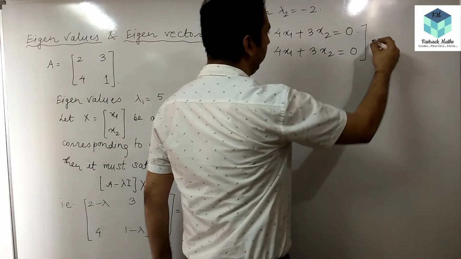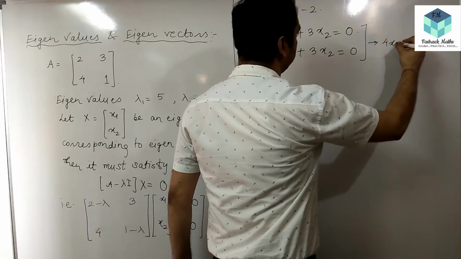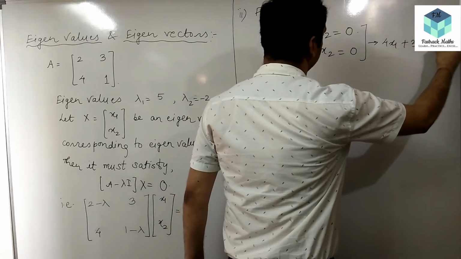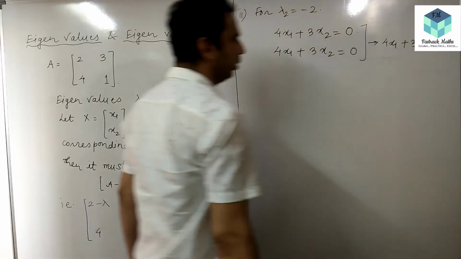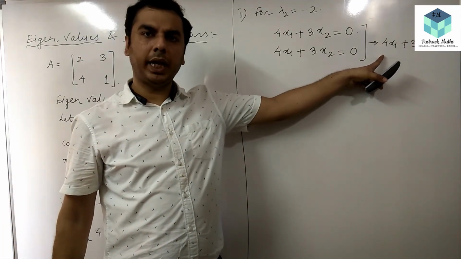From this again we get a single equation, which is 4x1 plus 3x2 is equal to 0. So again we have only one equation and two unknowns.